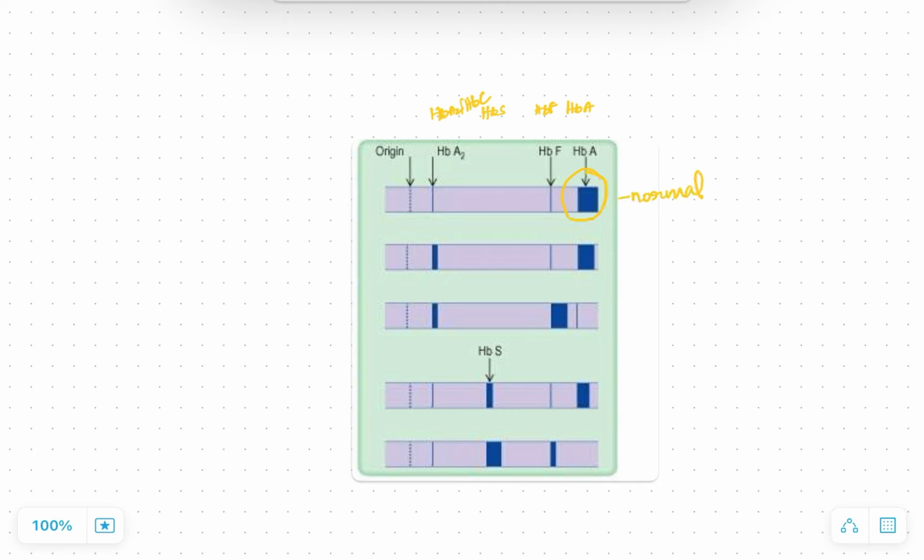Here we see HbA is reduced along with normal HbF and an increase in HbA2. So this is beta thalassemia trait, because HbA is reduced along with HbA2 increased.